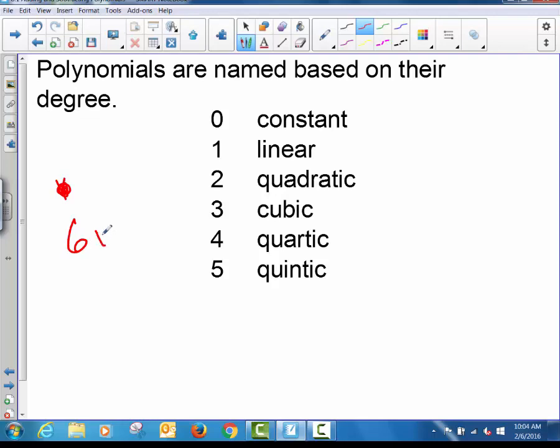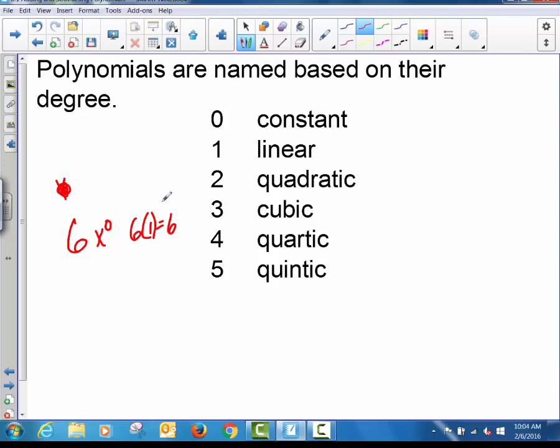And the reason it's got a degree of 0 is because if you put an x to the 0 or a y to the 0 or a z to the 0 beside it, that will be 6 times 1, which is still 6, okay? Because any number to the 0 power is 1. So we assume that the variable that's there has a degree of 0. And it remains constant all the time, a 6.